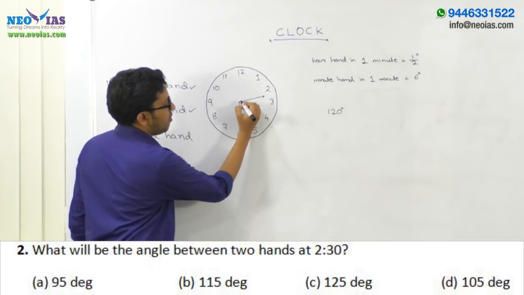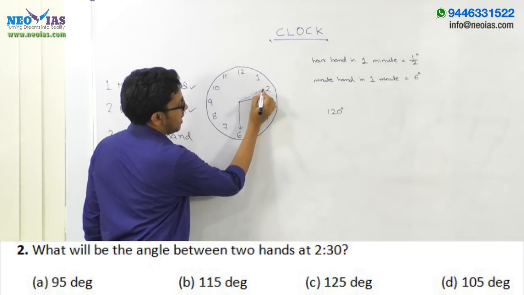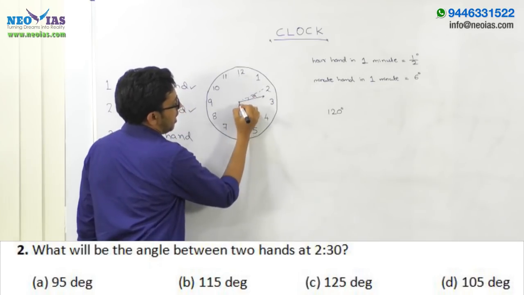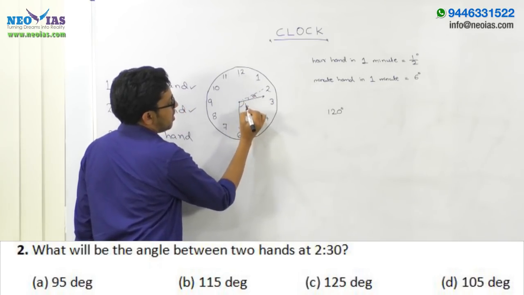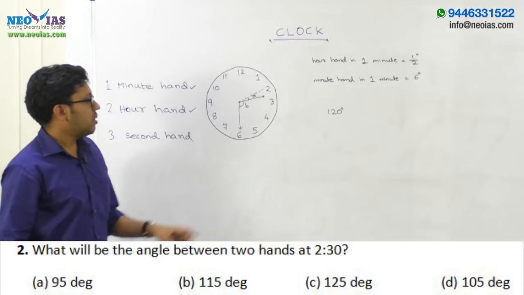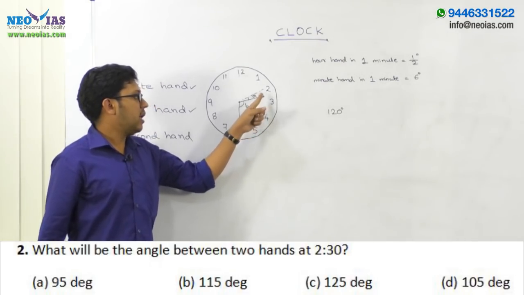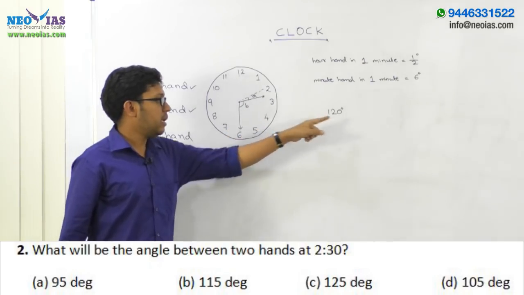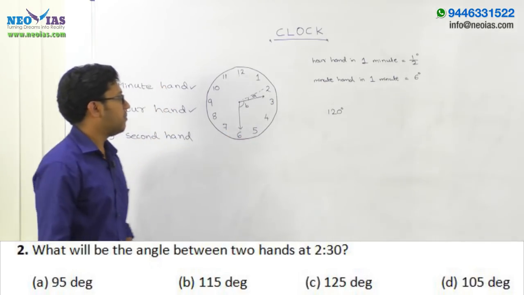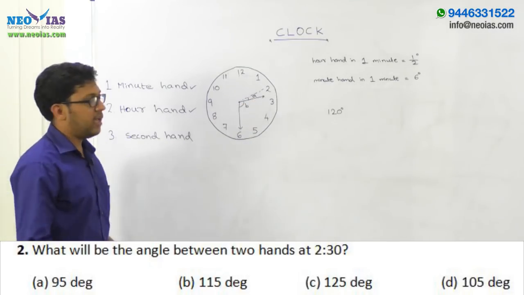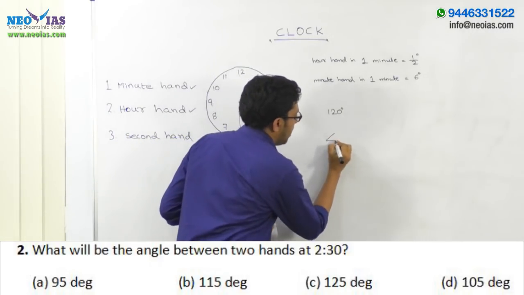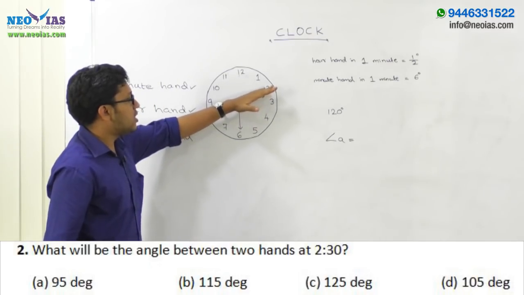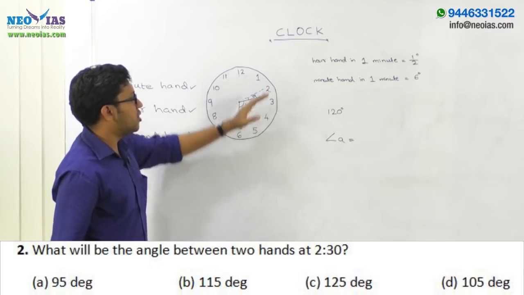Then if we can find out this small angle, let it be angle A and this be angle B. If we can figure out this small angle A, we can easily figure out angle B by subtracting angle A from 120. What will be the value of angle A? Angle A is equal to the angle swept by the hour hand in 30 minutes.